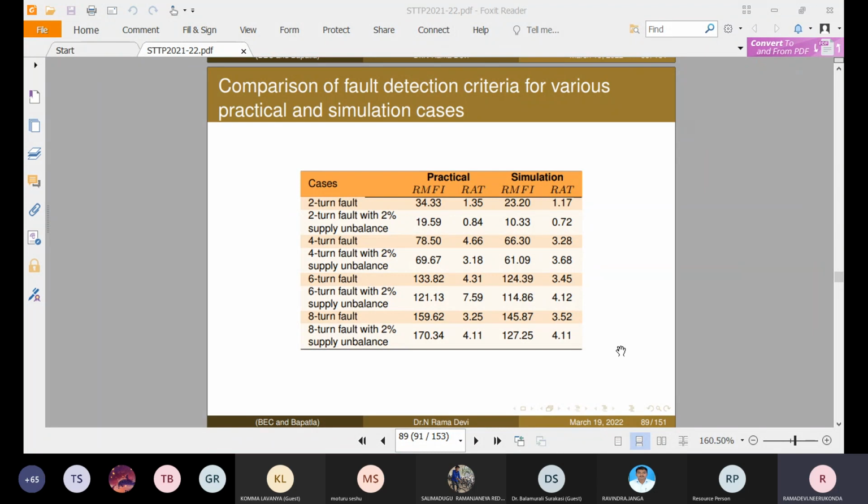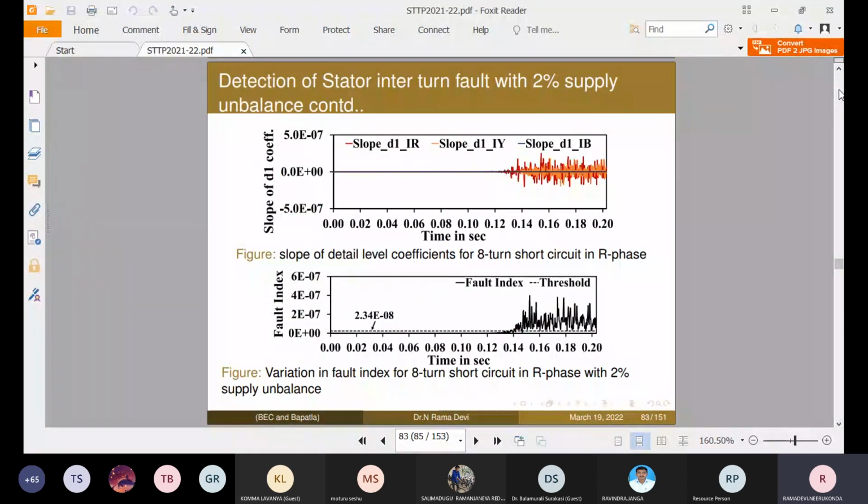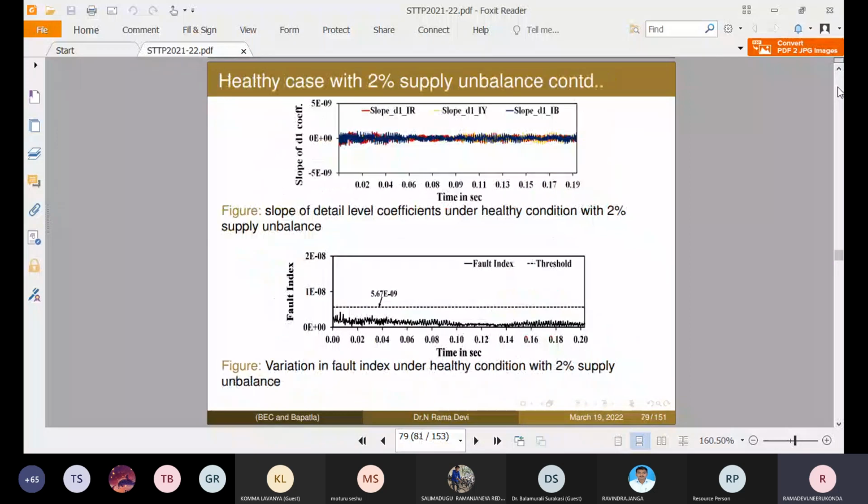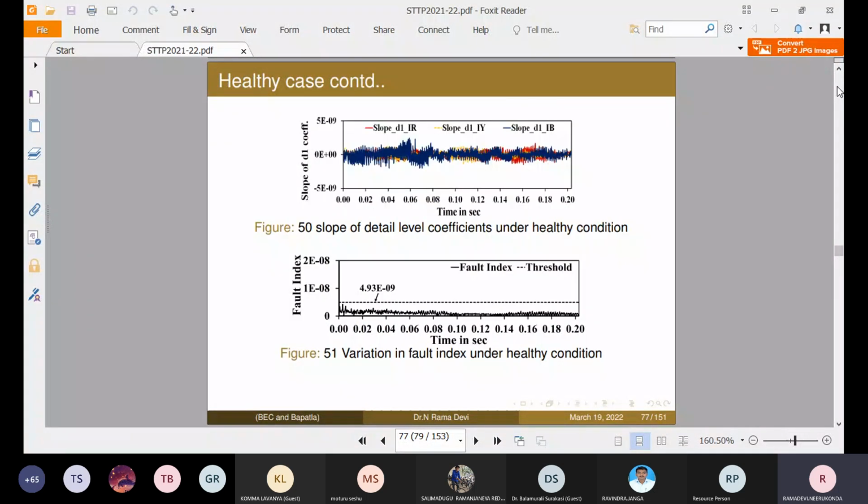It's a simulated value case. It is 3.52. I think I'm taking the 2% unbalance. Okay, 4.93 is correct; the divided value must be 4.93.